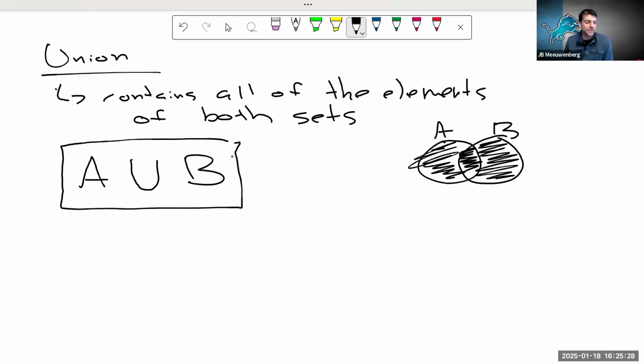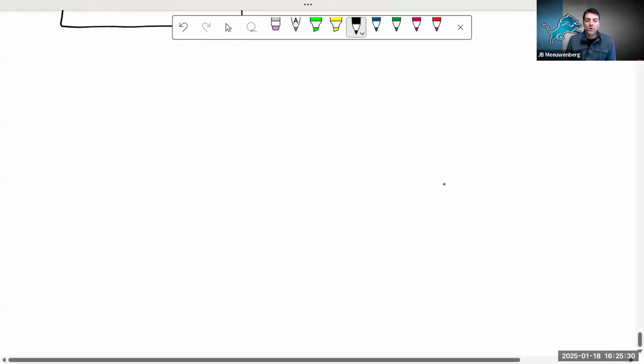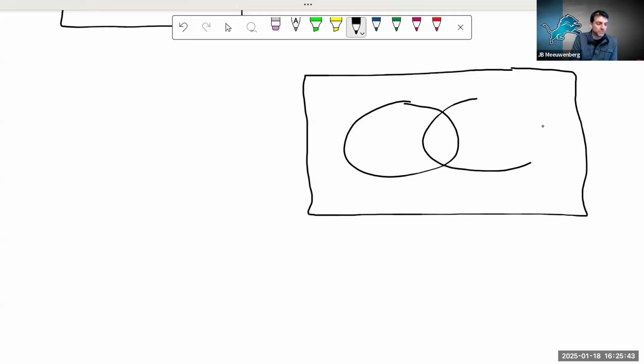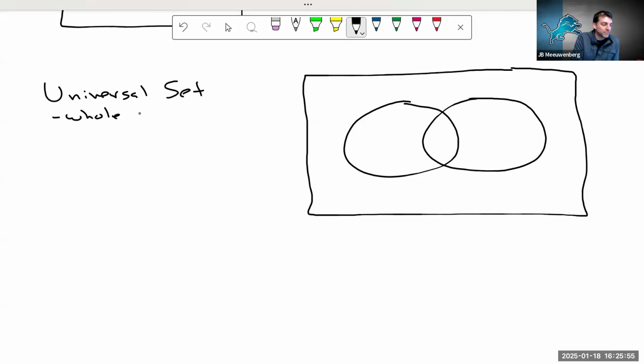So we're going to do the same thing we did before. We're going to make a Venn diagram, just like I did before. Make a Venn diagram with two circles. I think I can sketch that fairly neatly. And the universal set, again, like before, is the whole numbers 1 to 10.